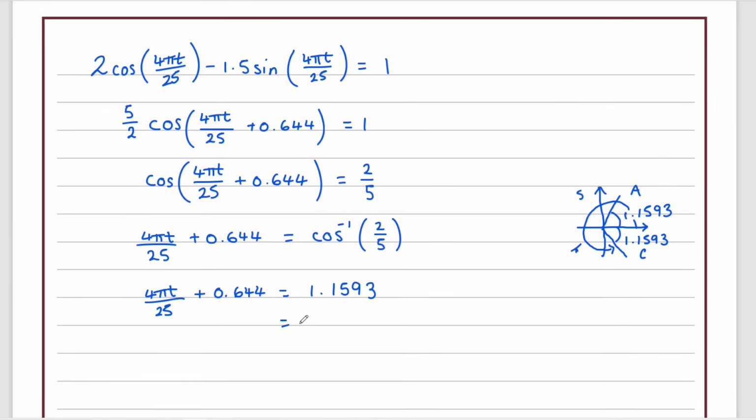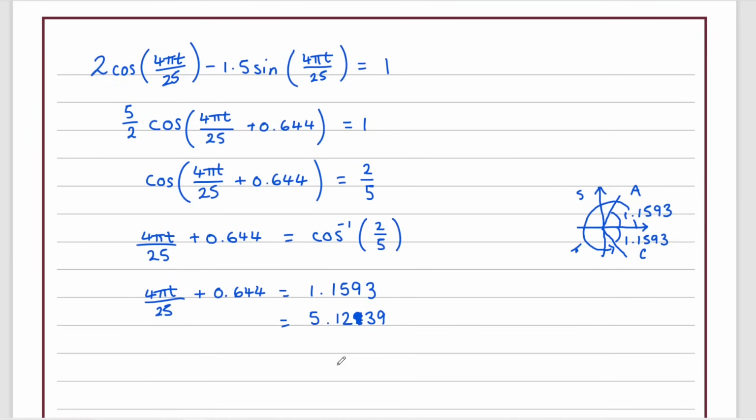So put this into your calculator: 2 pi minus this value. If you do this correctly, we get 5.1239.